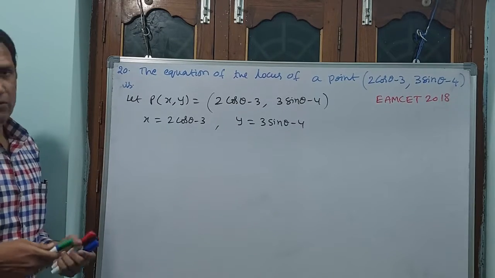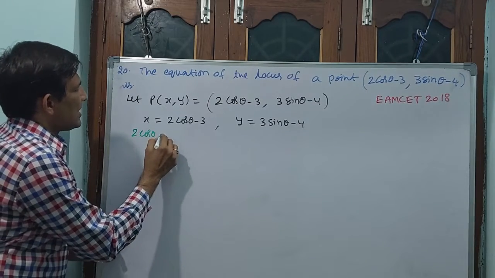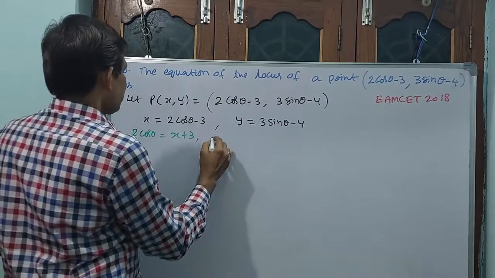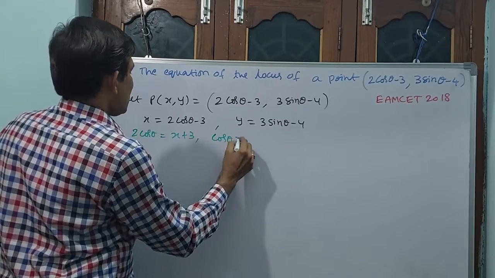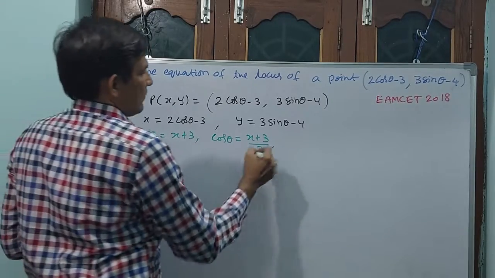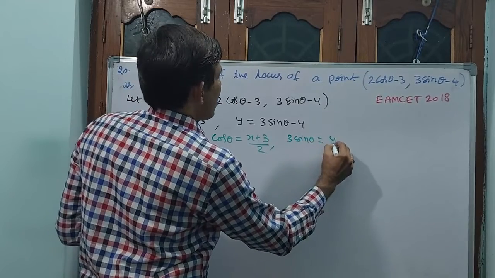See what I am writing now. 2 cos theta is equal to x plus 3. Cos theta is equal to (x plus 3) by 2. 3 sin theta is equal to y plus 4.